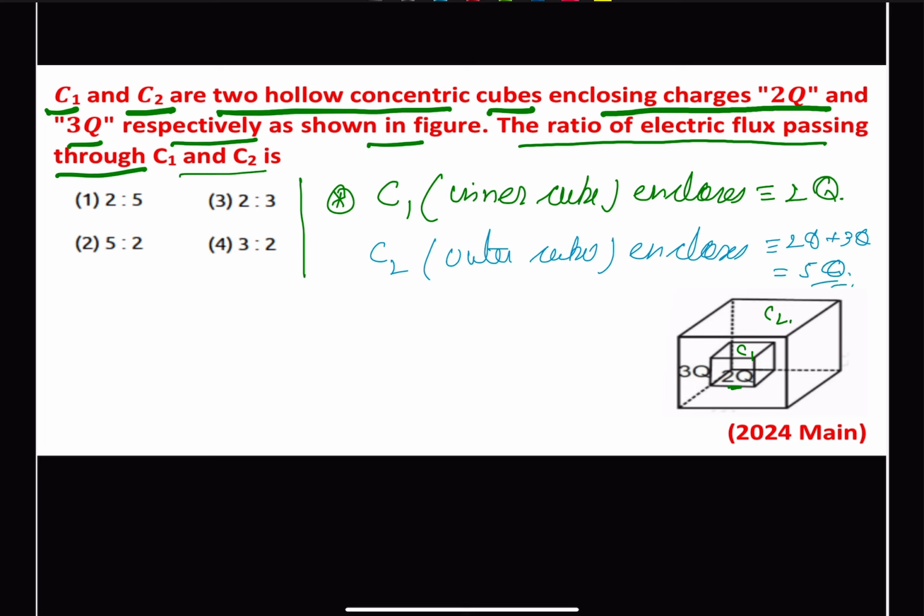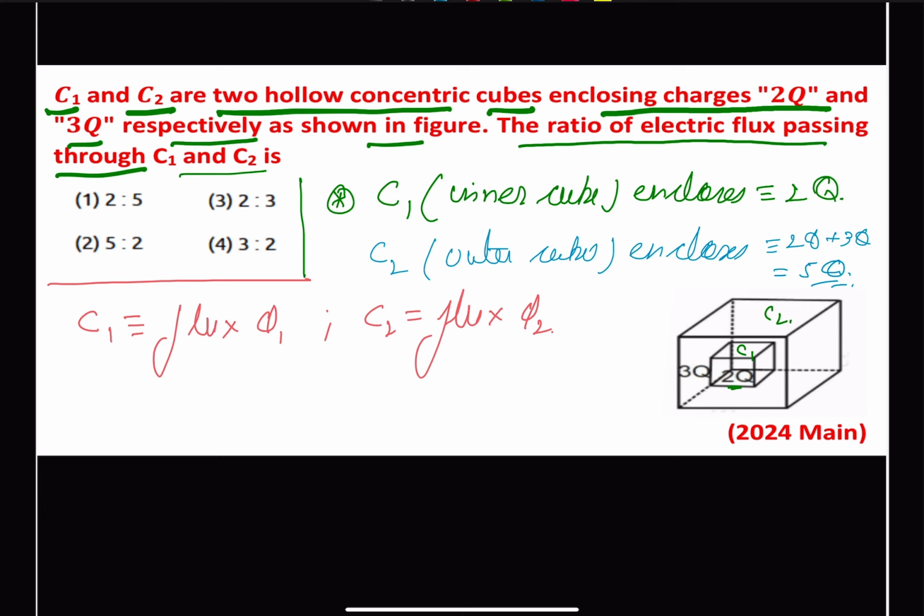And for C1, let us say the flux is phi1, and for C2 let us say the flux is phi2.